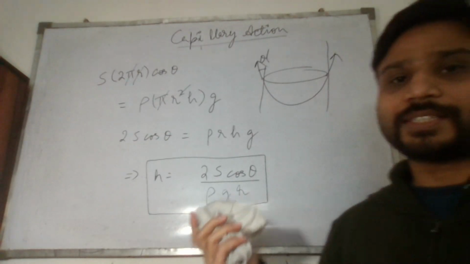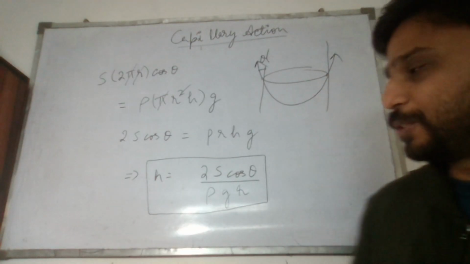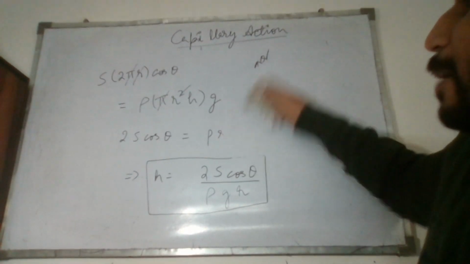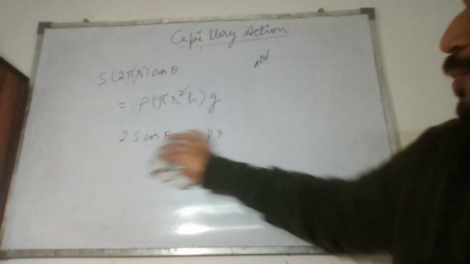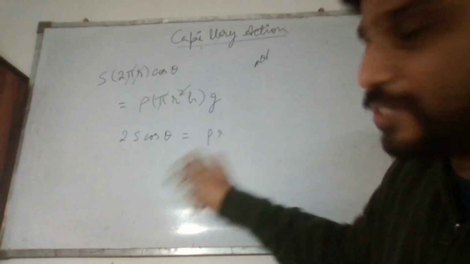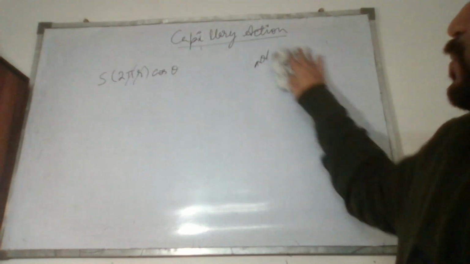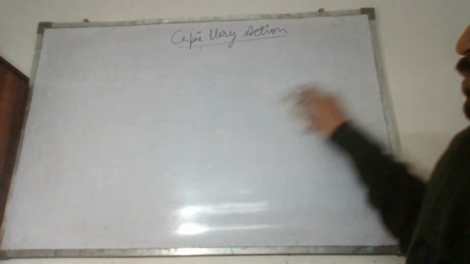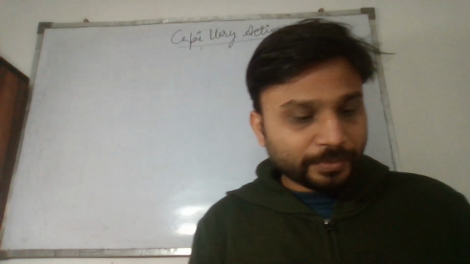So it has pretty fascinating applications. For example, what would happen if I were to tilt the capillary at some angle theta? Would it rise to a different height, or would it rise to the same height? So it has a pretty straightforward answer.